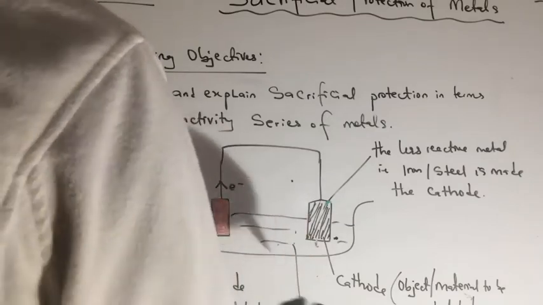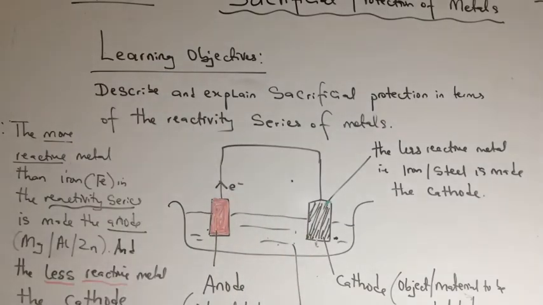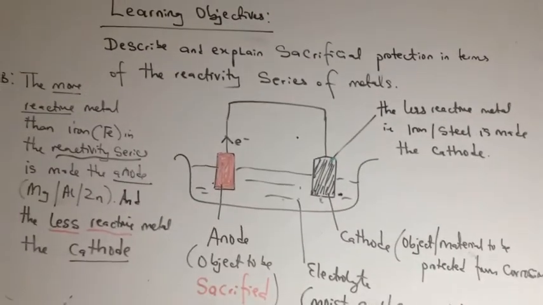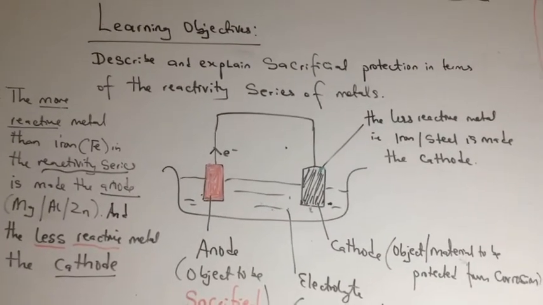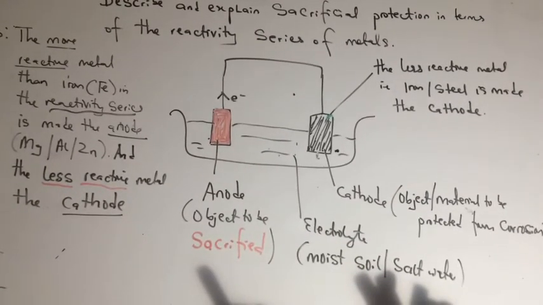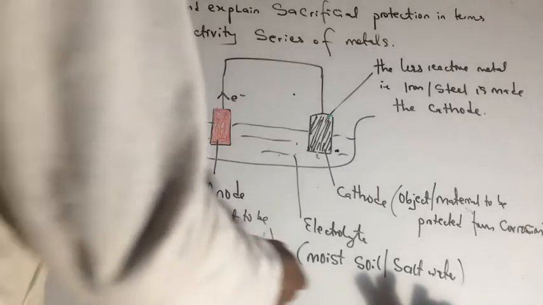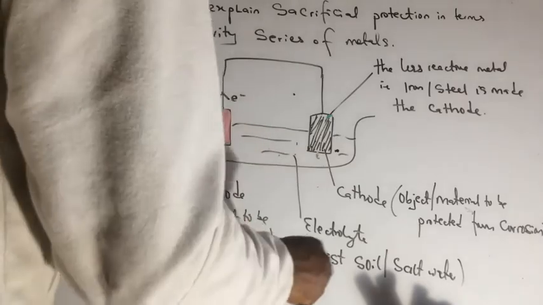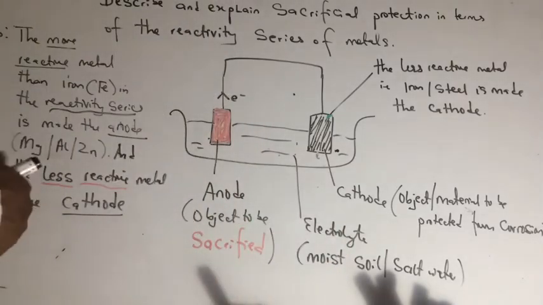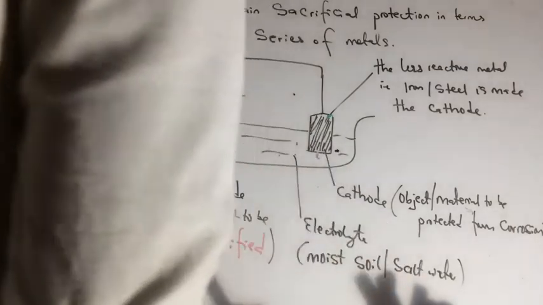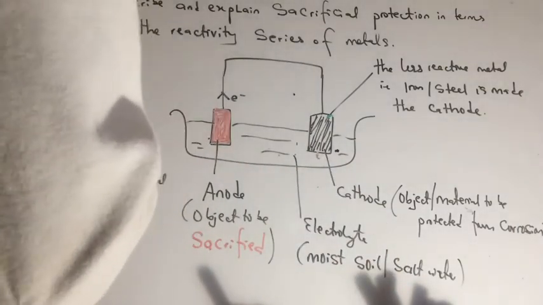If you look at the diagram closely, you can see the electrolyte. It could be that these two metals are submerged, whether partially or fully, in soil, which is moist and contains water, or in the sea, which contains a lot of salt water.